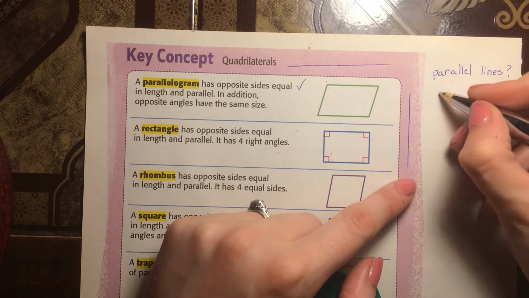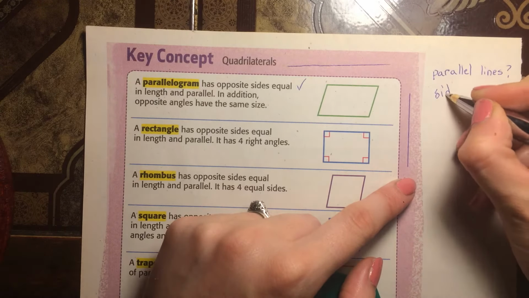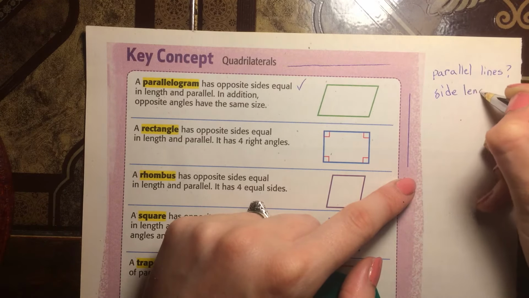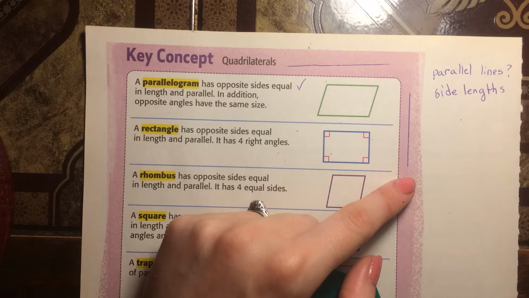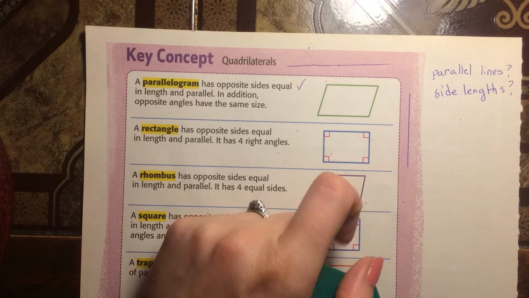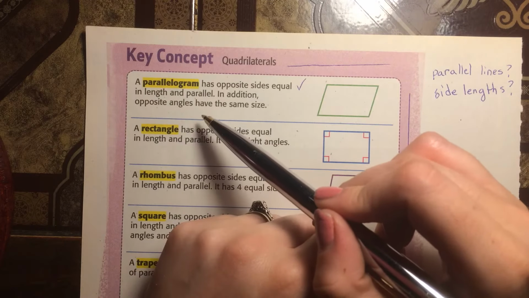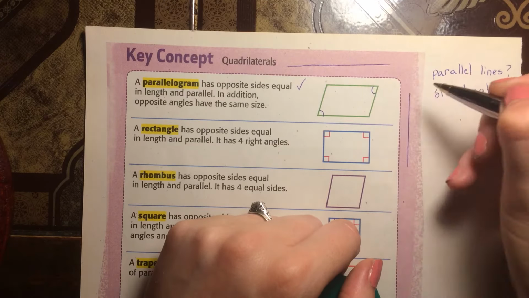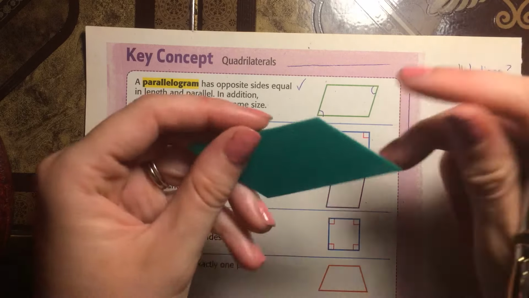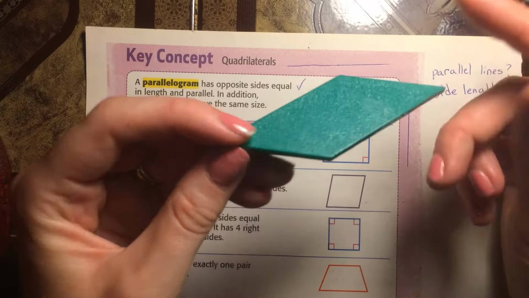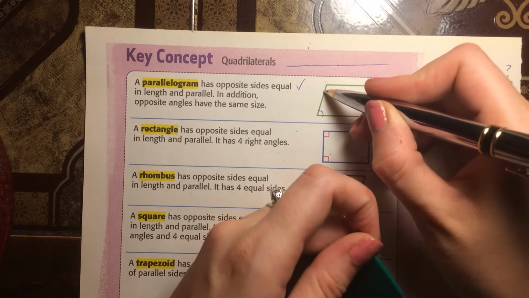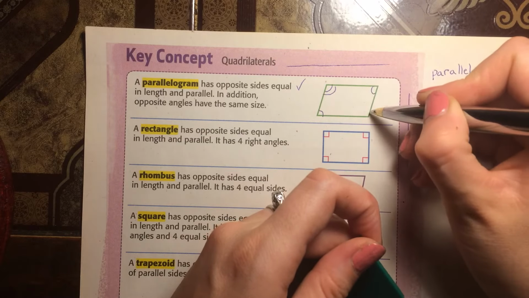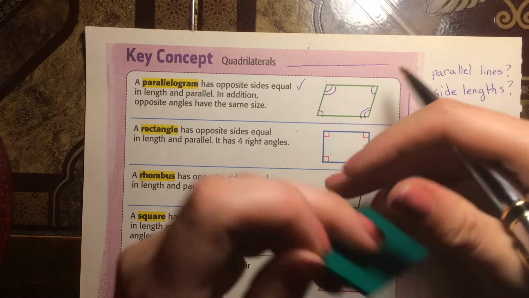So that's another thing we look for, side lengths. In addition, opposite angles have the same size. So this angle and this angle, opposite, are going to be the same. And this angle and this angle opposite are going to be the same.